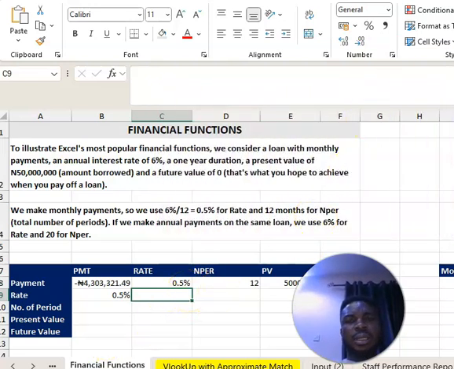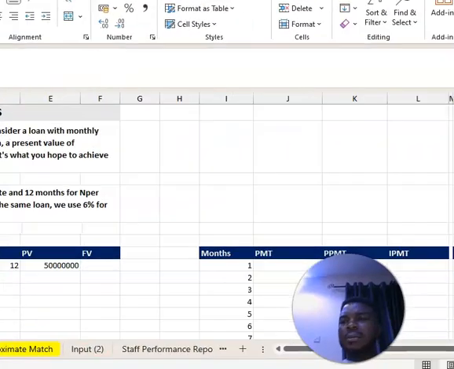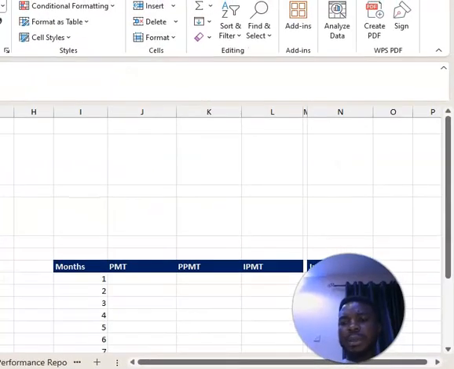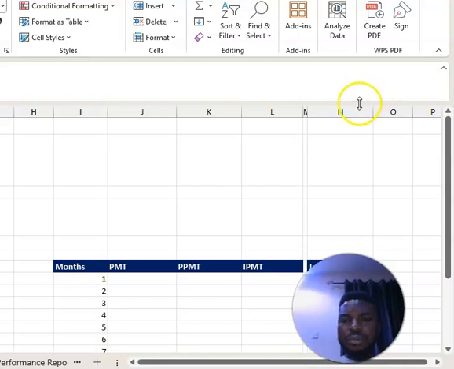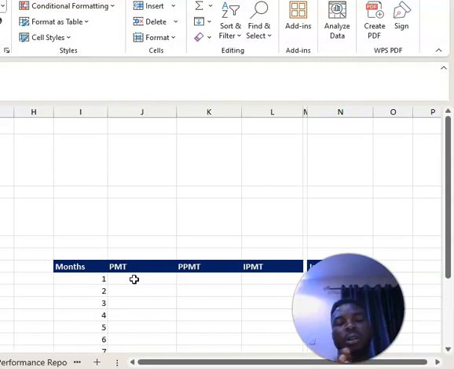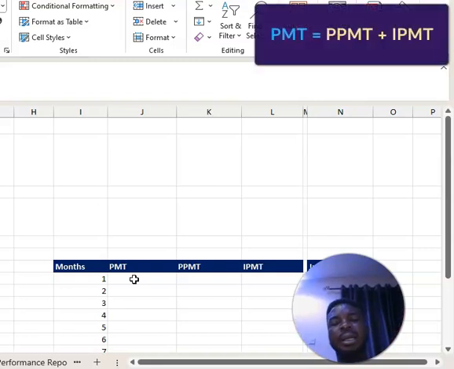Let's move ahead a bit and come here. Let's say you have taken a particular loan from a bank. You know your payment, which you have calculated as 4.3 million naira, as the case may be. One of the things you know about this payment is that two things are embedded in that figure.